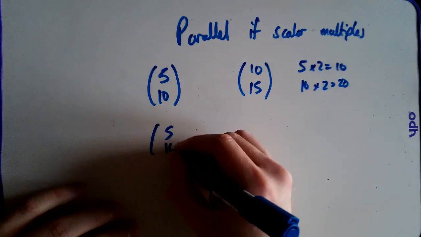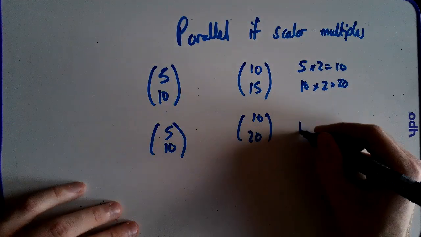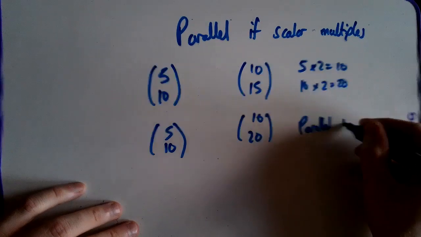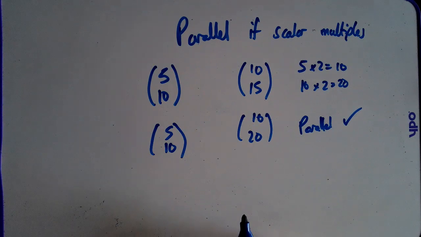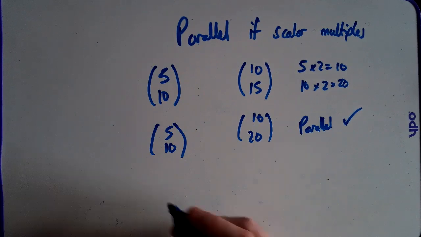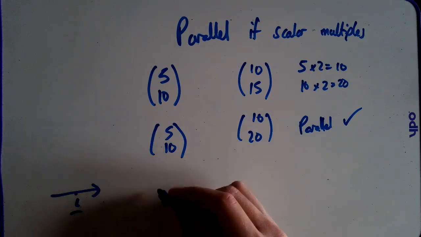So (5, 10) and (10, 20), these two vectors here, are parallel. But these two aren't.